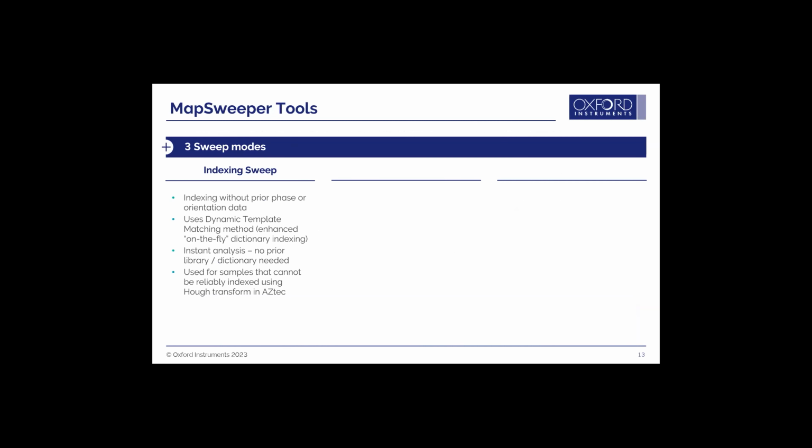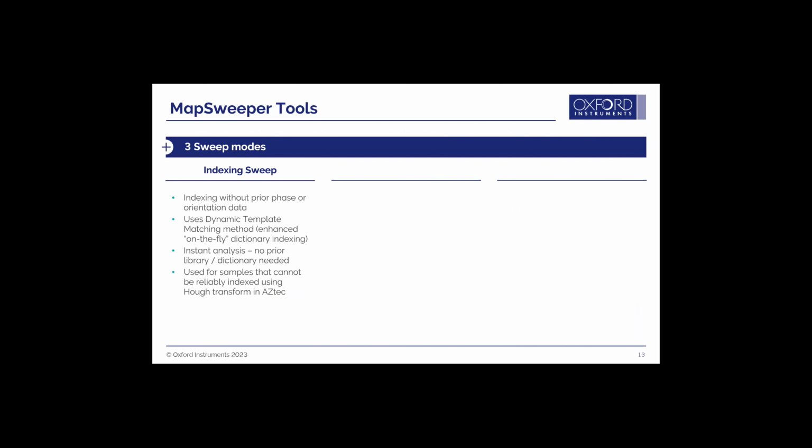So starting with this simulation, MapSweeper is really going into what are we going to do next? There are 3 sweep modes that we've introduced with the software package, and I'm going to break this down a little bit more.